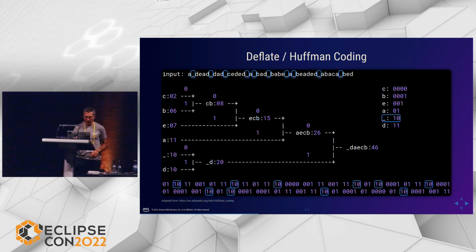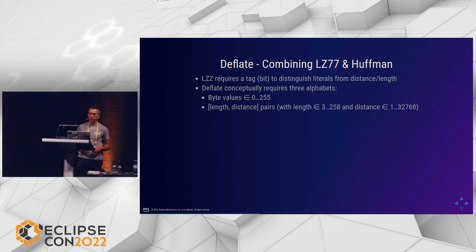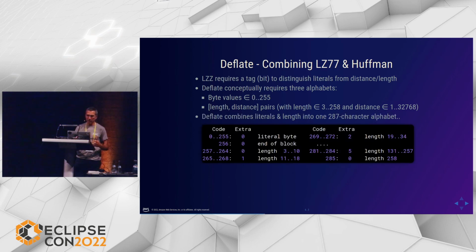So the great thing about Deflate is that it combines both the power of LZ77 and Huffman into one compression algorithm. It does that by creating a new alphabet of 287 characters.